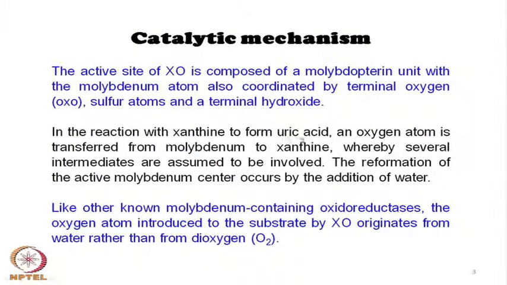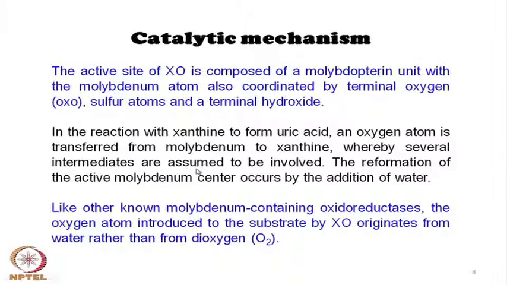which is utilized for the formation of uric acid. We have to transfer one oxygen atom from molybdenum to xanthine, and in that process several intermediates are assumed or formed.